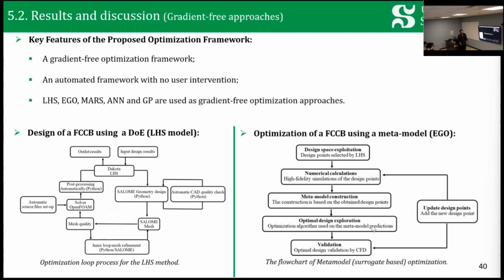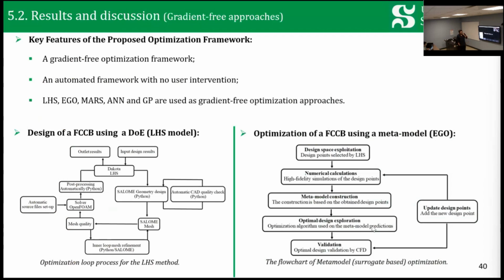All samples are created by Salome, and there is an inner loop to check all geometries. Then the mesh is created, again by Salome, and the quality of the mesh is checked by a tool in OpenFOAM.